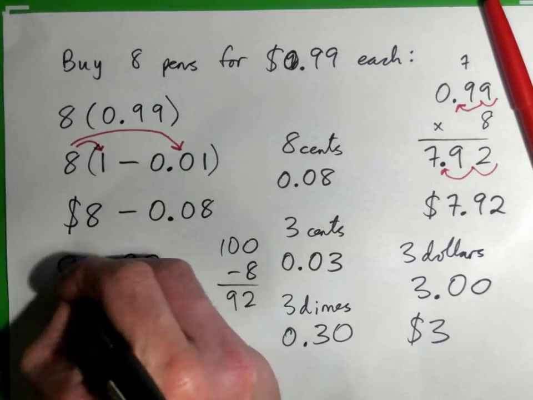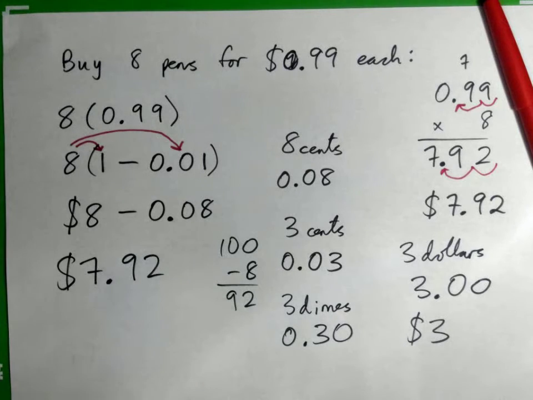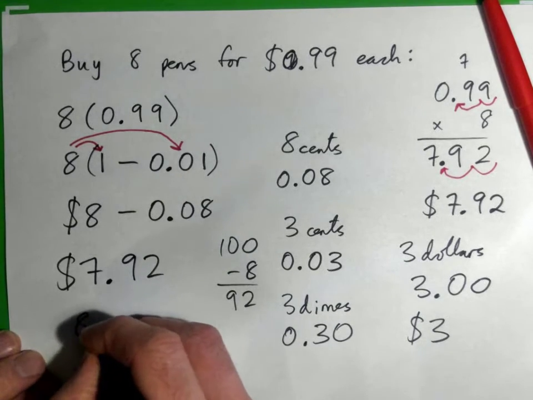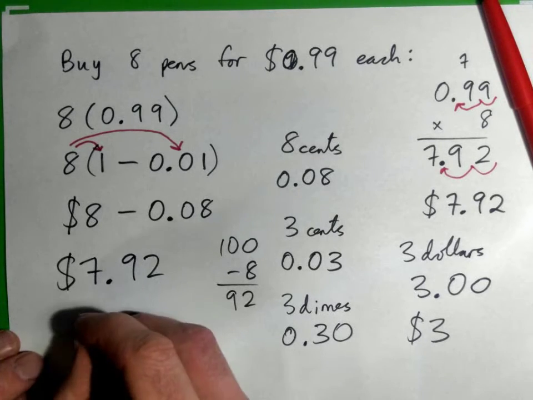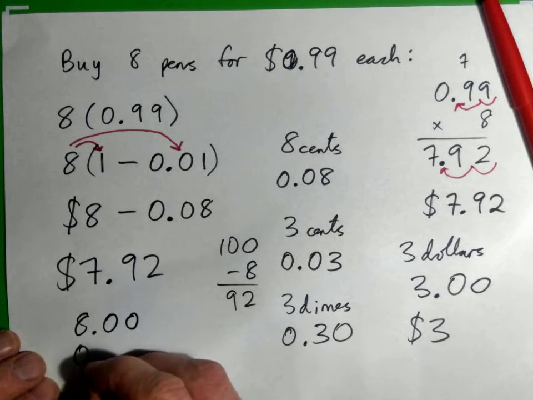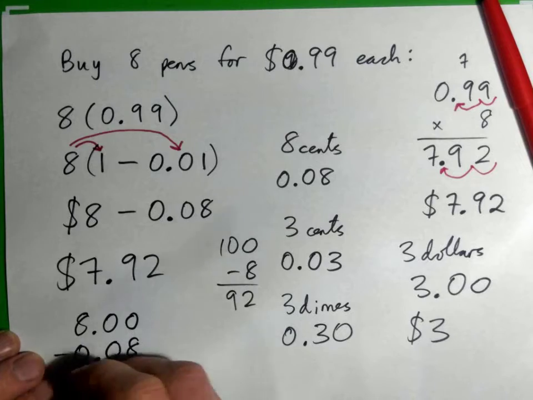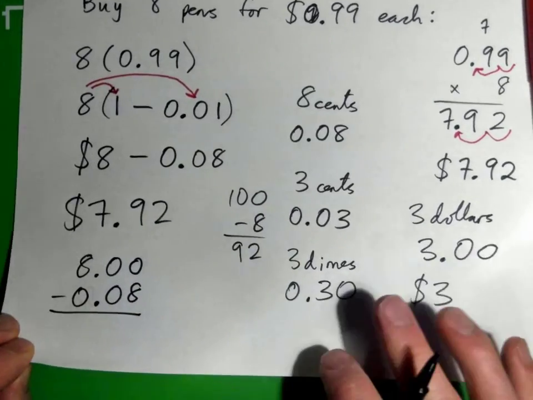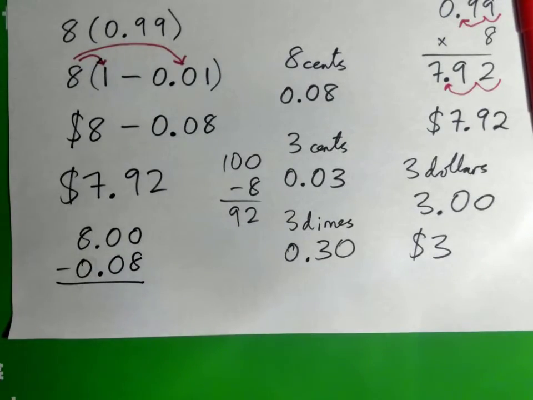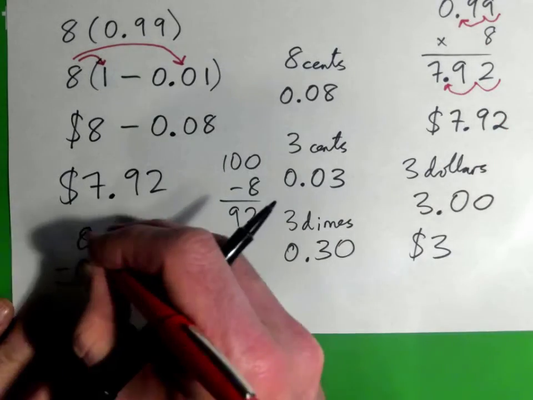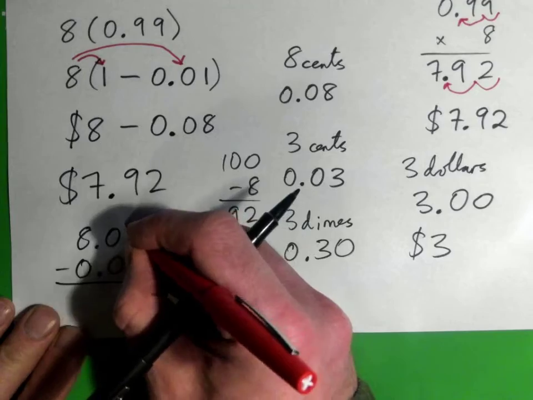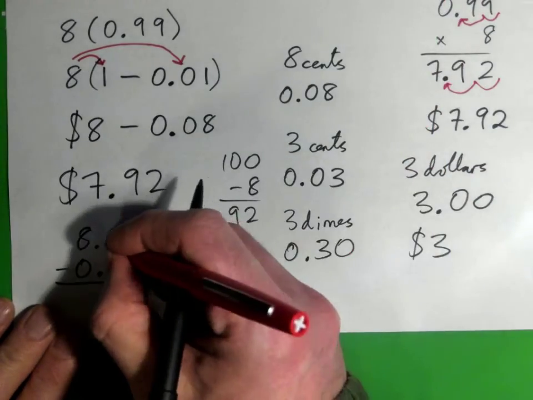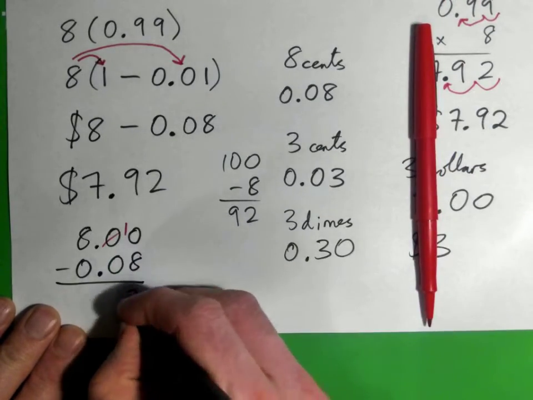We can do that. Not a big deal. It's just money. $7.92, right? I mean, if you really want to draw it out, it's $8.00, and then 0.08, and then subtract. What do you get? So you can do, okay, this is 10. We borrow from here, right? So 10 minus 8 is 2.